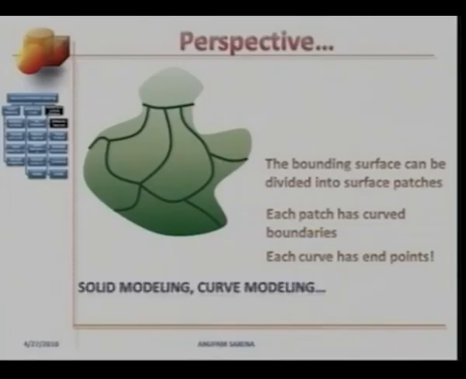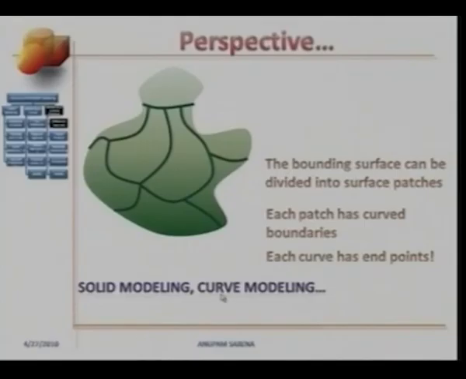We have devoted a lot of time on solid modeling and different methods on curve modeling. A quick recap. In solid modeling, we discussed topology. We discussed three different methods of solid modeling, namely the wireframe approach, the BREP or the boundary representation method, and constructive solid geometry.